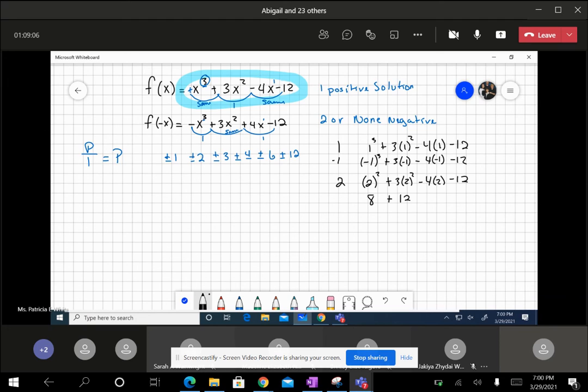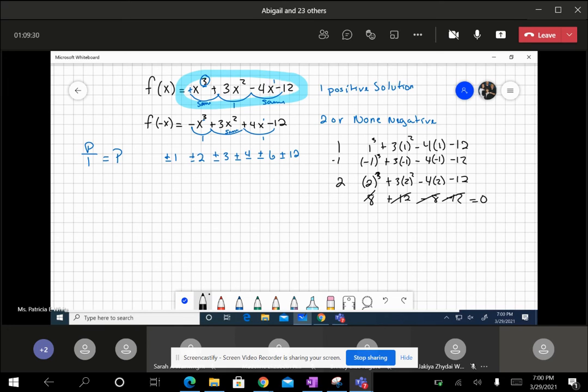I'm going to call that teacher out when she's wrong, guys. 2 to the third power gives me an 8. 3 times 2 to the second power gives me 12, minus 8, minus 12. Well, we cancel each other out, we get that 0. So I know that 2 is one of my solutions, right?